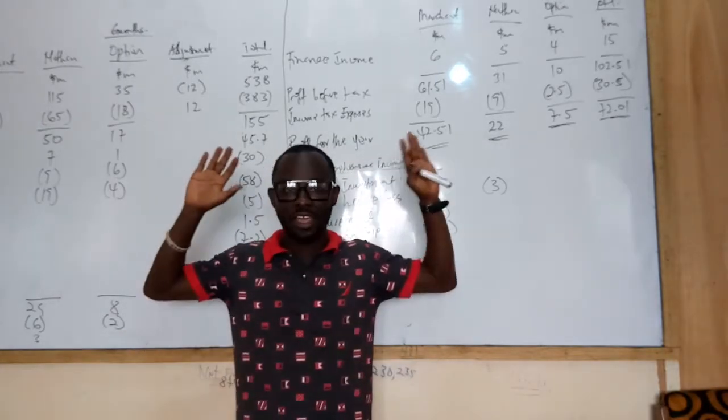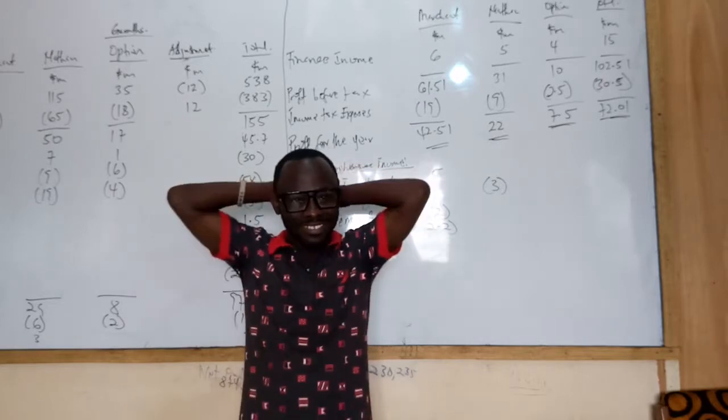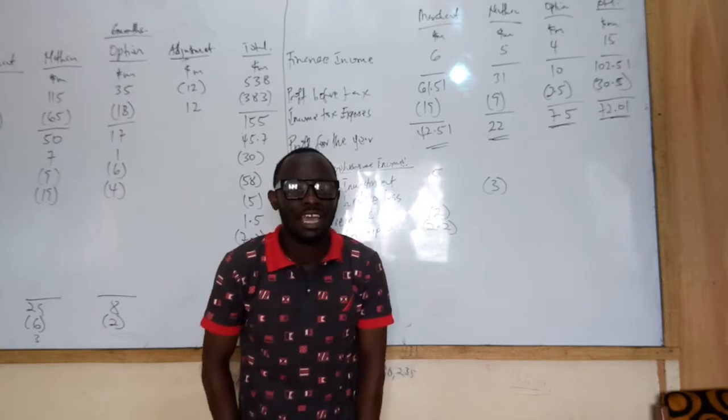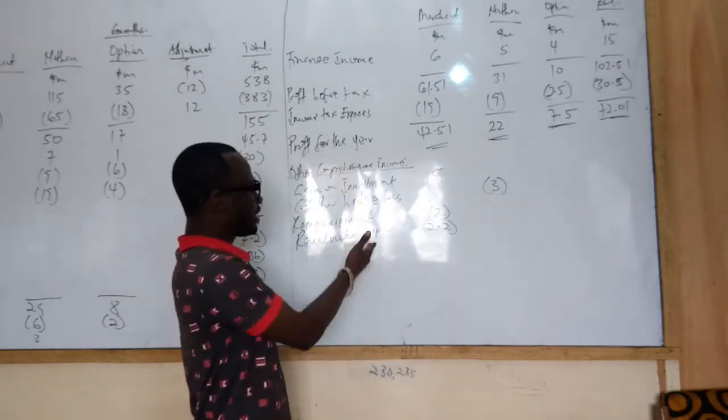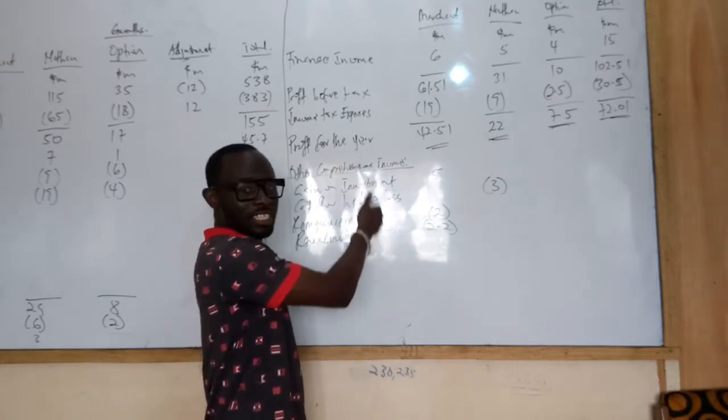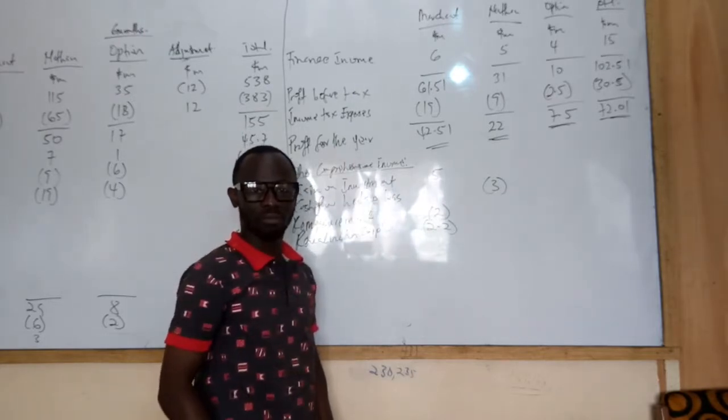But if we're doing balance sheets, the revaluation surplus in the balance sheet was credited. Isn't revaluation surplus or loss treated in other comprehensive income? Yes, before it goes there.